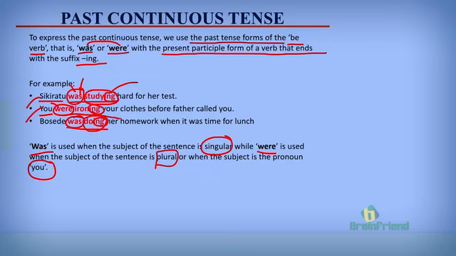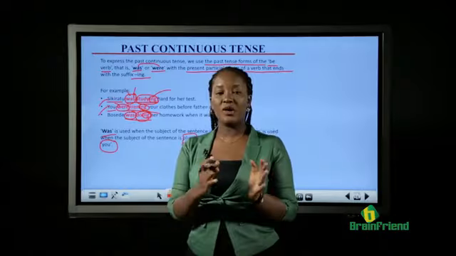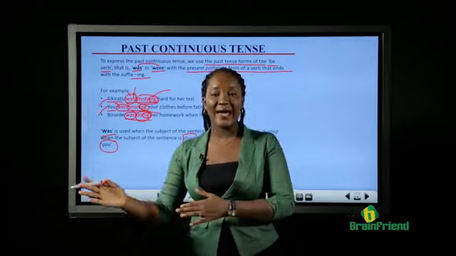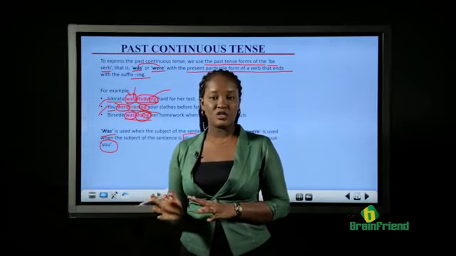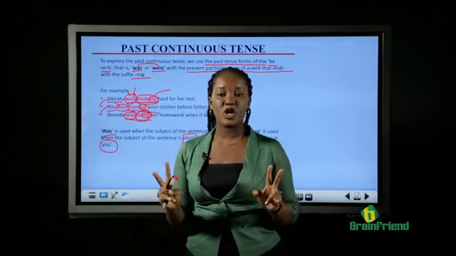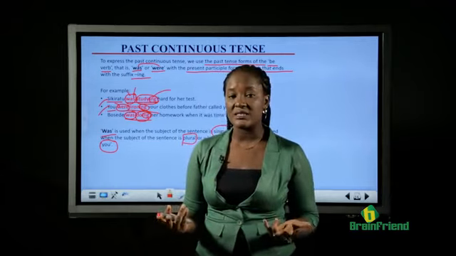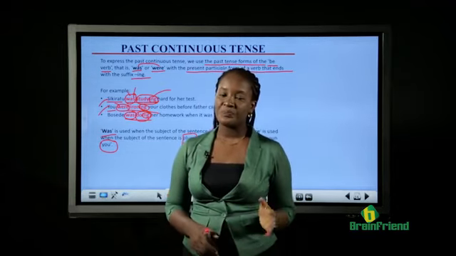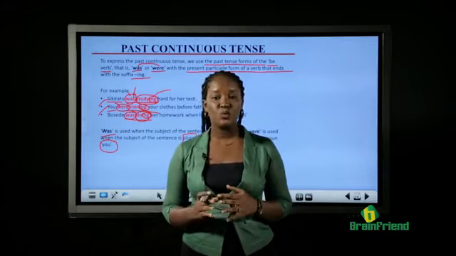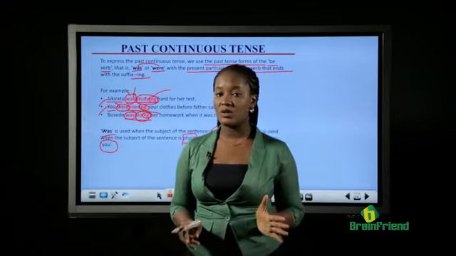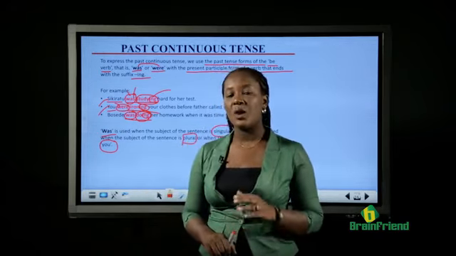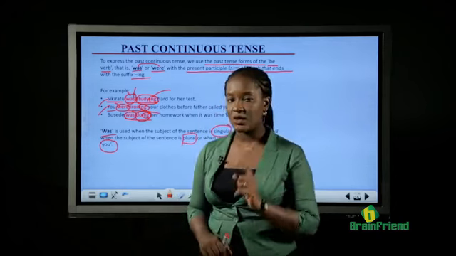Now, if we had a plural subject, it would be they were, or Bosade and Tunji were ironing their clothes. So whenever we have two or more subjects, or the pronoun you, the verb we would use would be were, not was. Was is only used when the subject is singular.